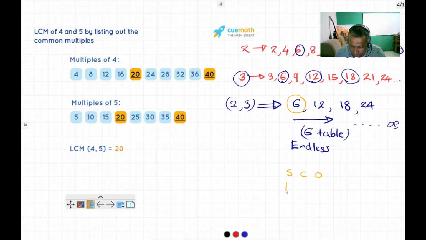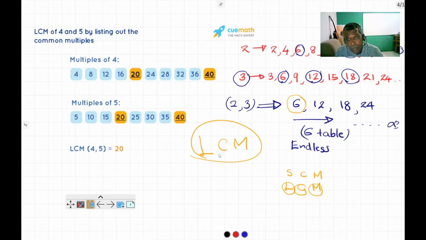Otherwise we can say least common multiple. That's the least value. LCM.